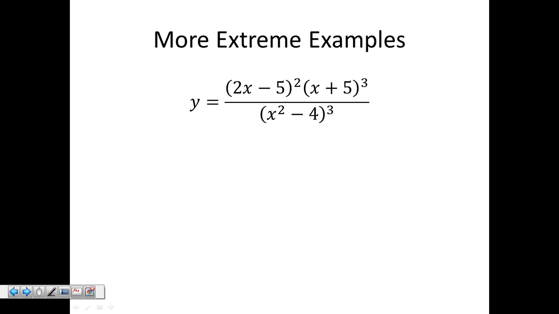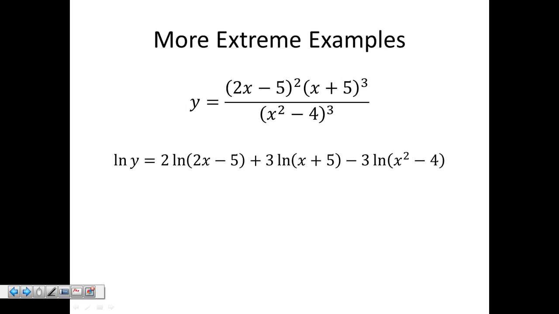So this is one where I've got the product rule on the top and I've got the quotient rule. So now if I use my trick, my natural log method, I'm going to take the natural log of both sides, and you'll notice that I've got my powers brought down.